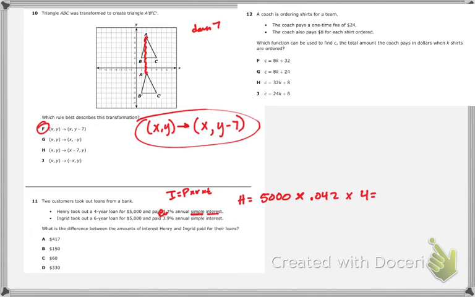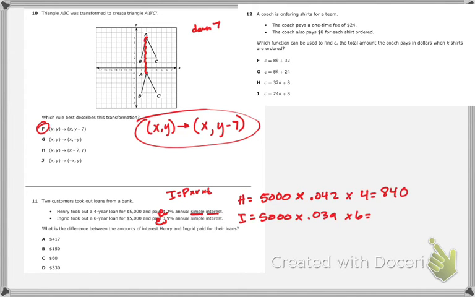Okay, whenever I put that in the calculator, I get 5,000 times 0.042 times 4. We get $840 for interest. And for Ingrid, right, we get $5,000 times our rate of 0.039 times 6 years.